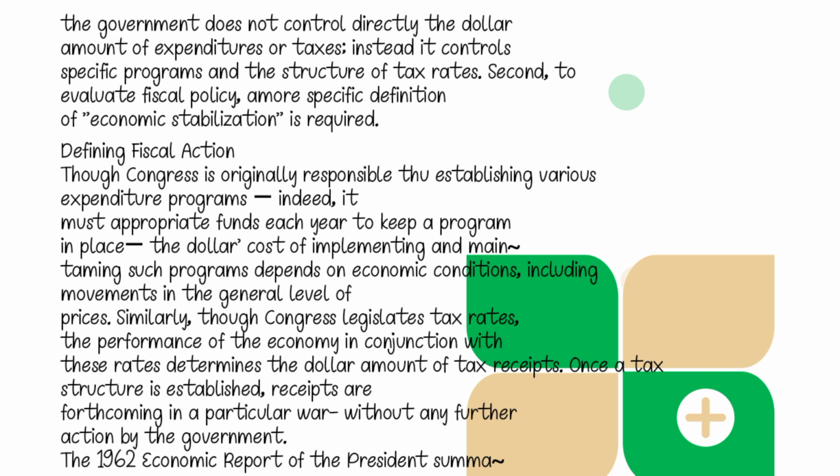Similarly, through legislated tax rates, the performance of the economy in conjunction with the tax structure determines the dollar amount of tax receipts. Once a tax structure is established, the rates are applied automatically without any further action by the government.